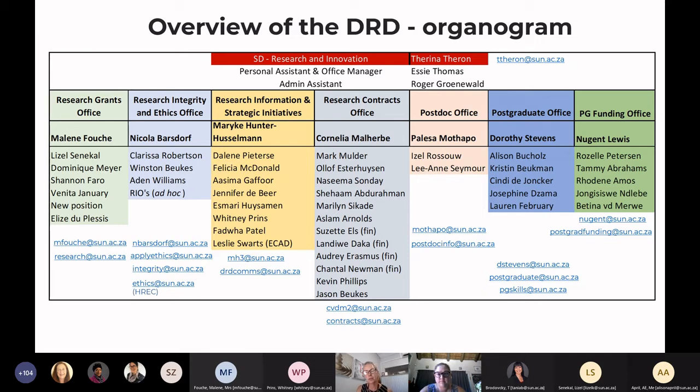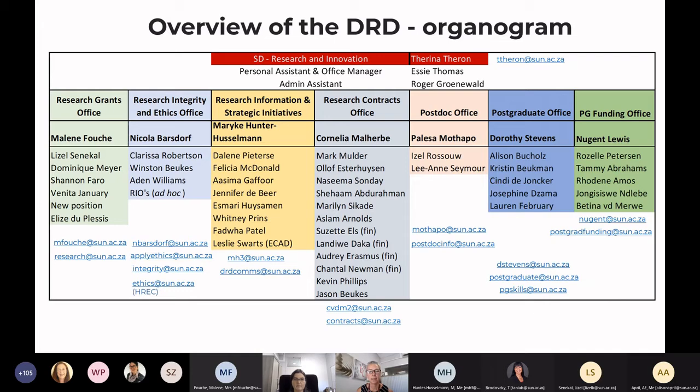The Research Contracts Office, Cornelia, I'm not sure if you can maybe also switch on. I can't see anything from my side, so please switch on if you can. Cornelia has a big group of people in the Research Contracts Office, never big enough because they have to deal with thousands of research contracts and research-related contracts every year. This group represents legal advisors. Mark Mulder, Wolof, Nasima, and Shaham are all legal advisors.